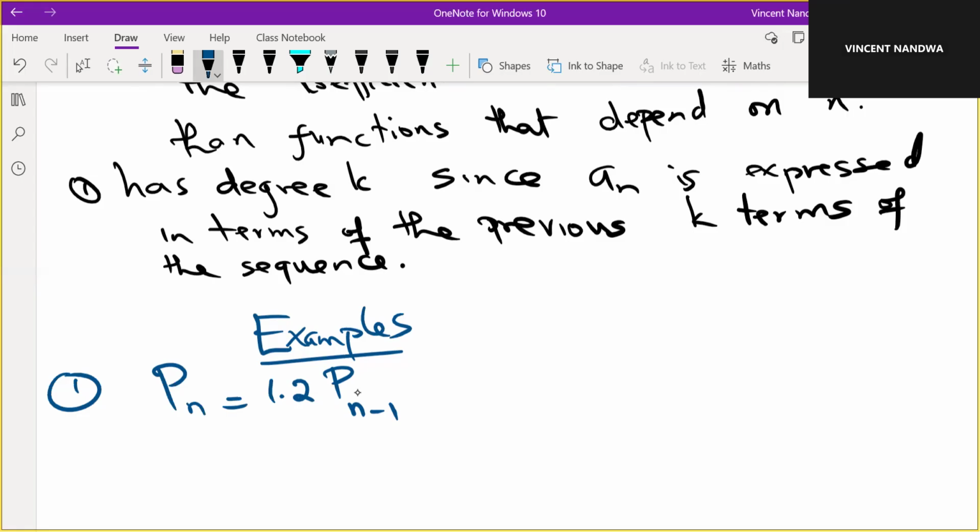Is this recurrence relation linear or nonlinear? Please unmute and say the answer.